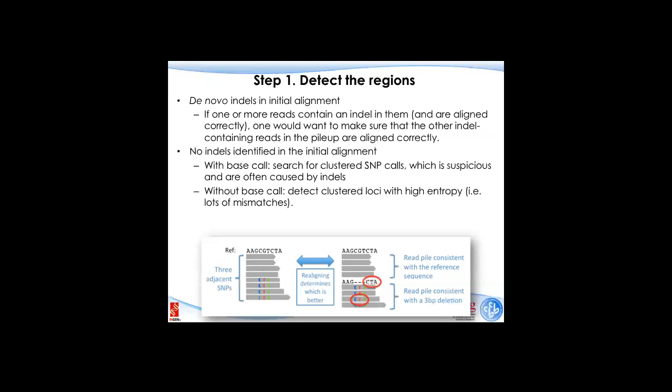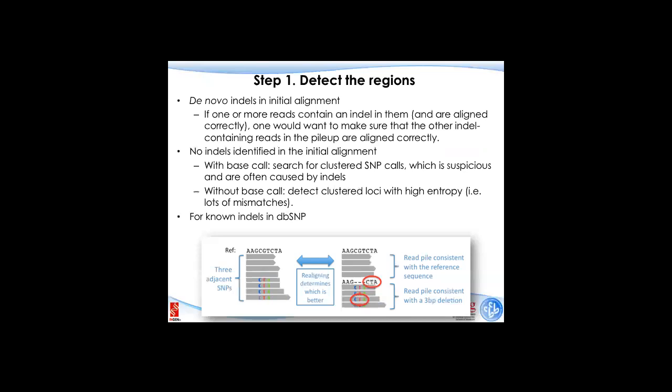But sometimes you haven't done the base calling, meaning you already did the alignment but haven't called the SNPs, but you see some regions where there's a lot of inconsistency across the same site with different nucleotides, which means high entropy, and then that region is kind of suspicious.